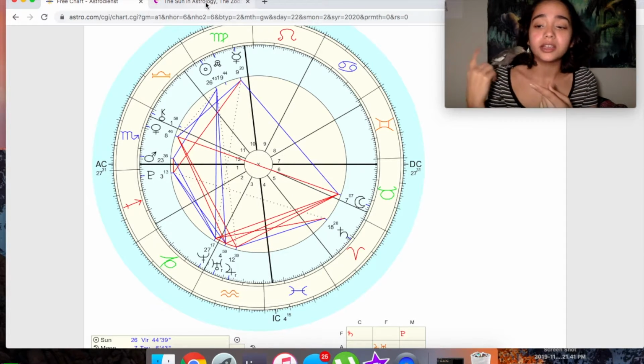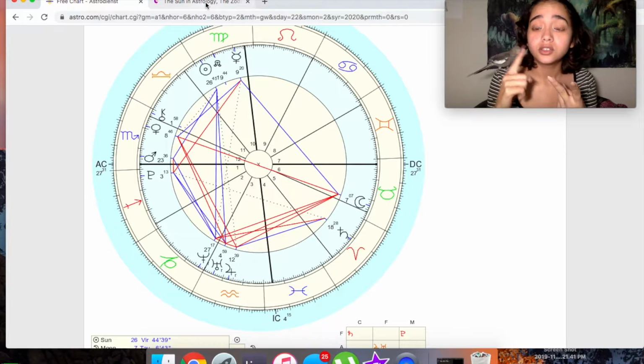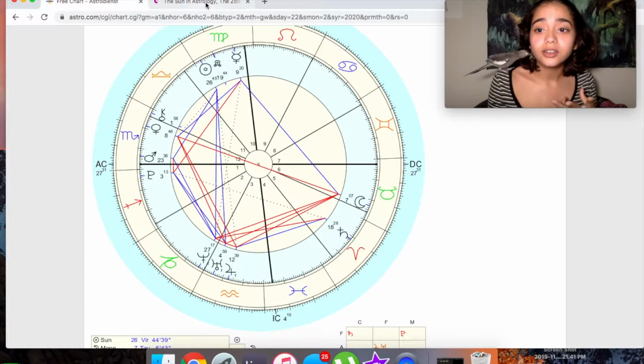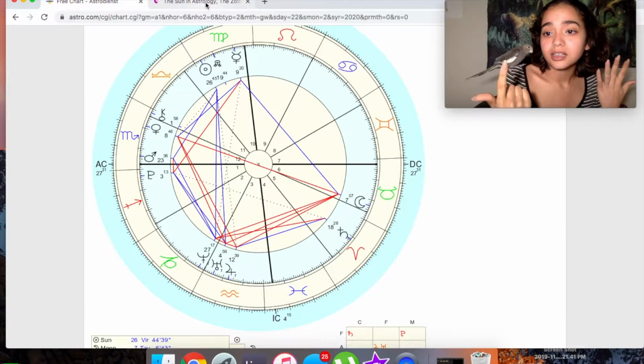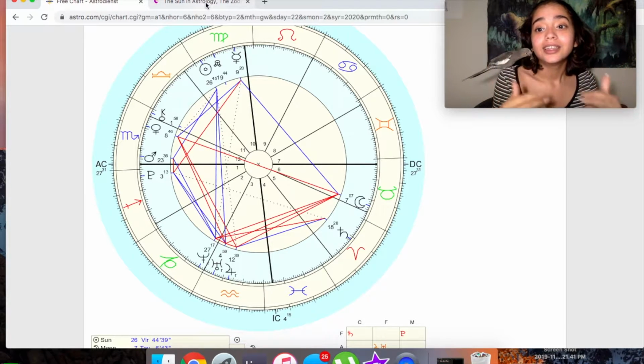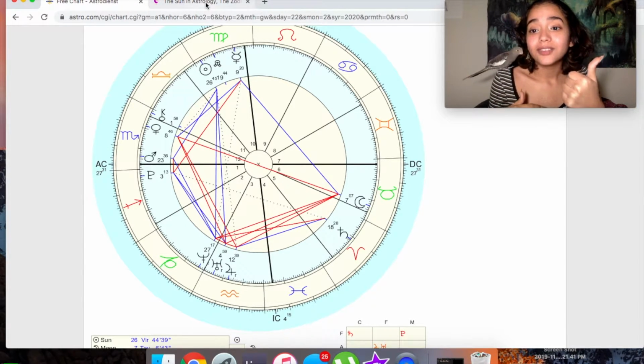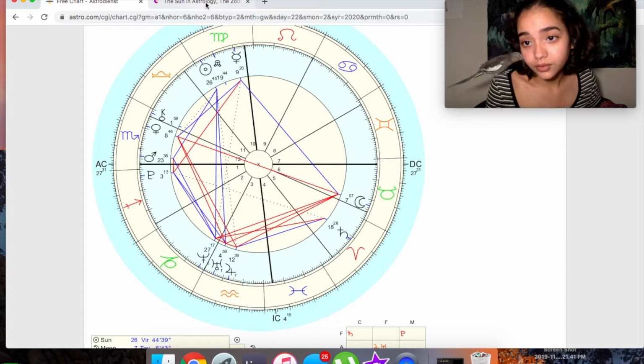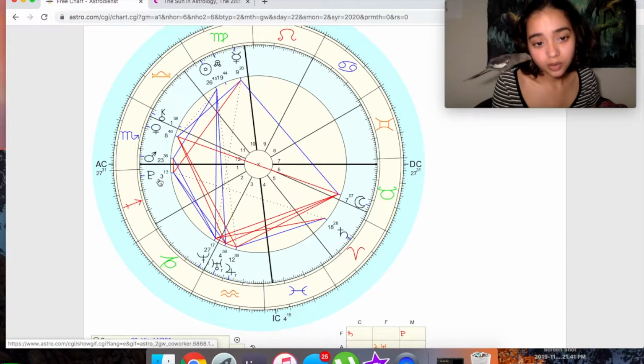You've got to know that Aries is the first sign, Taurus is the second sign, Gemini is the third sign, Cancer is the fourth sign, Leo is the fifth sign, Virgo is the sixth sign, Libra is the seventh sign, Scorpio is the eighth sign, Sagittarius is the ninth sign, Capricorn is the 10th sign, Aquarius is the 11th sign, and Pisces is the 12th sign. And literally that's all. That all applies for the houses as well.